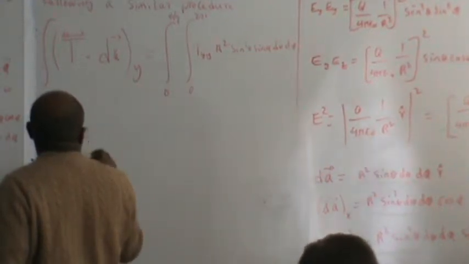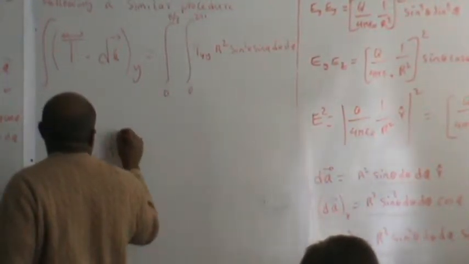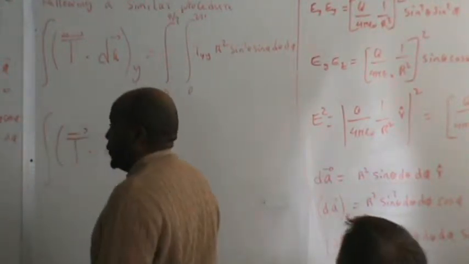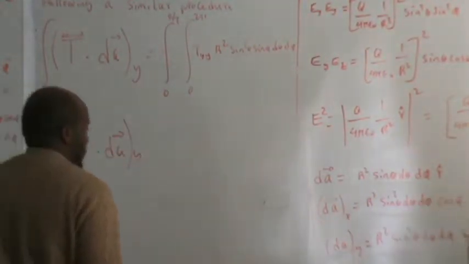T dot dA of y. Okay, so that's going to be also 0 for the other components, but for a different reason, because here we don't have sine phi or cos phi, right? But we are integrating with respect to phi.